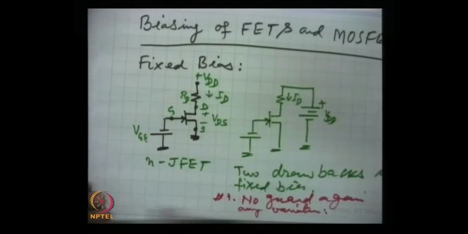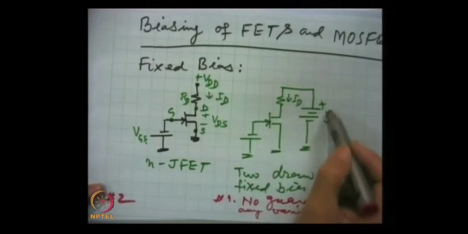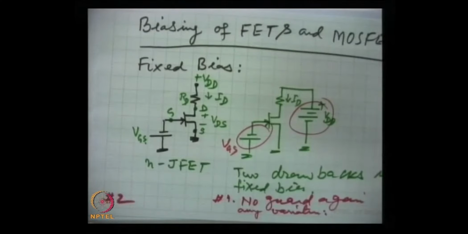Another important limitation is that it needs two batteries. One is here, the other is here, VGS, two batteries. In most circuits, the use of two batteries, if it can be avoided, should be avoided. So, there is no requirement of additional battery. Remember, fixed bias is not a proper choice for biasing.